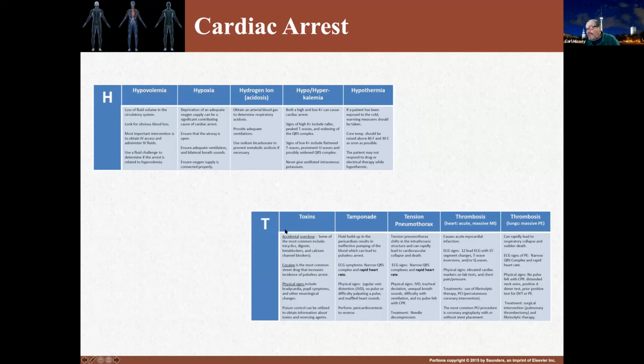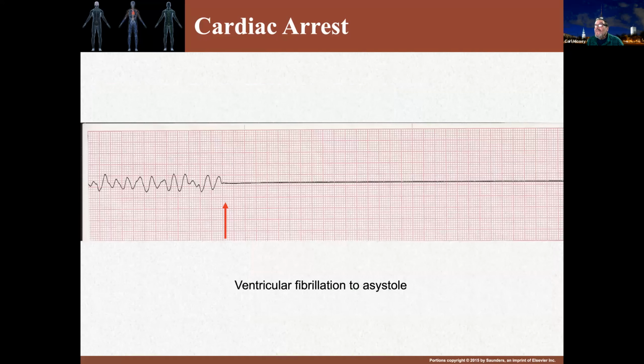And you should also, in the 5 T's, look for toxins, tamponade, cardiac tamponade, tension pneumothorax, myocardial infarction, thrombosis, or pulmonary thrombosis. And in this artificial trace, you see a ventricular fibrillation converting to flatline asystole.